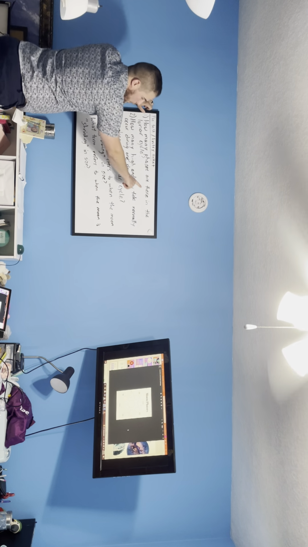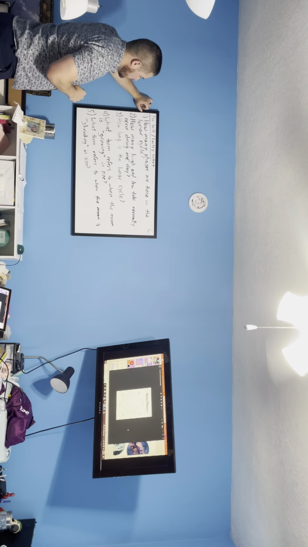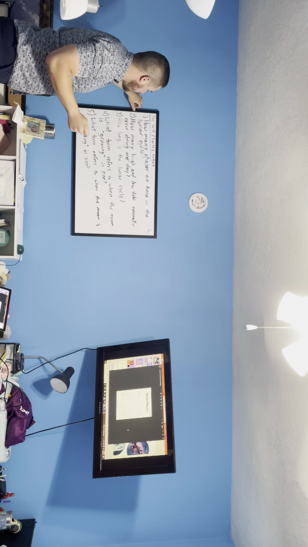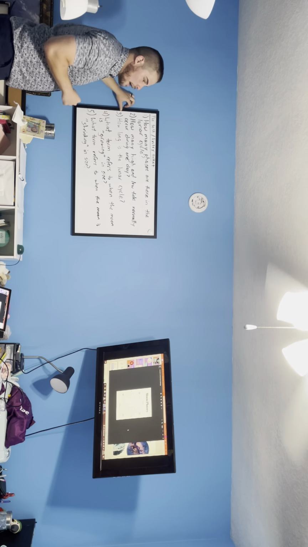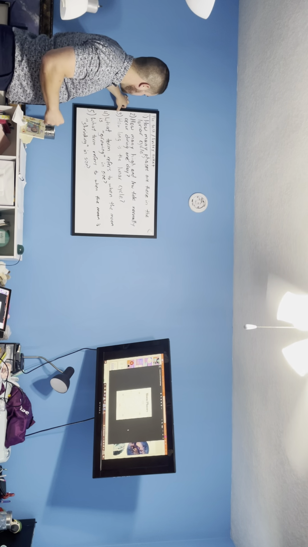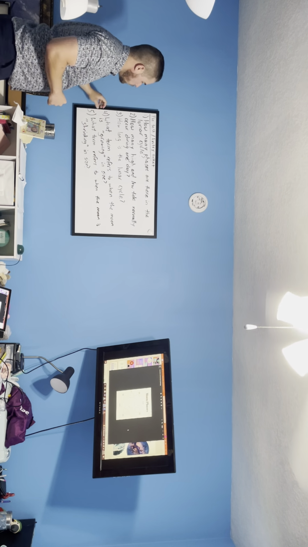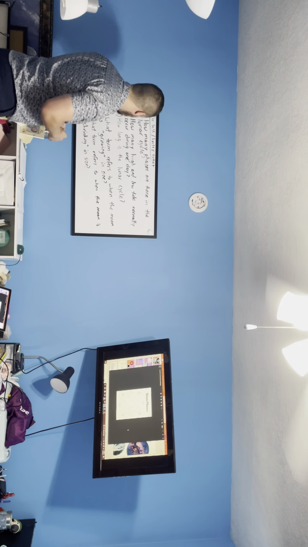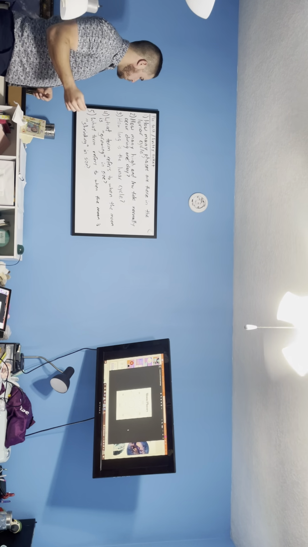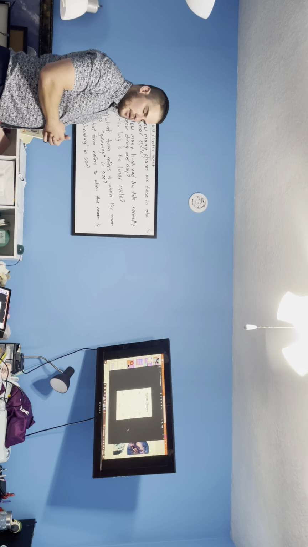How many phases are there in the lunar cycle? Number 2, how many high and low tides normally occur during one day? Number 3, how long is the lunar cycle? Number 4, what term refers to when the moon is growing in size? And number 5, what term refers to when the moon is shrinking in size?